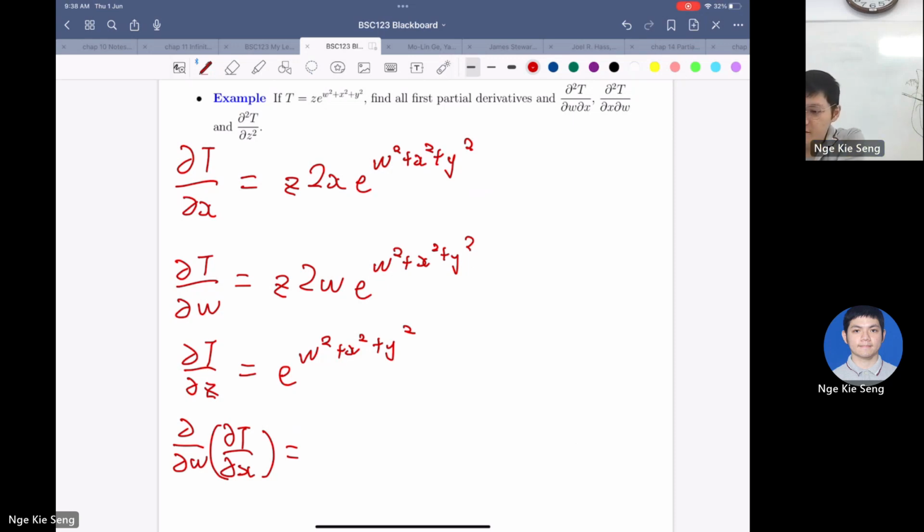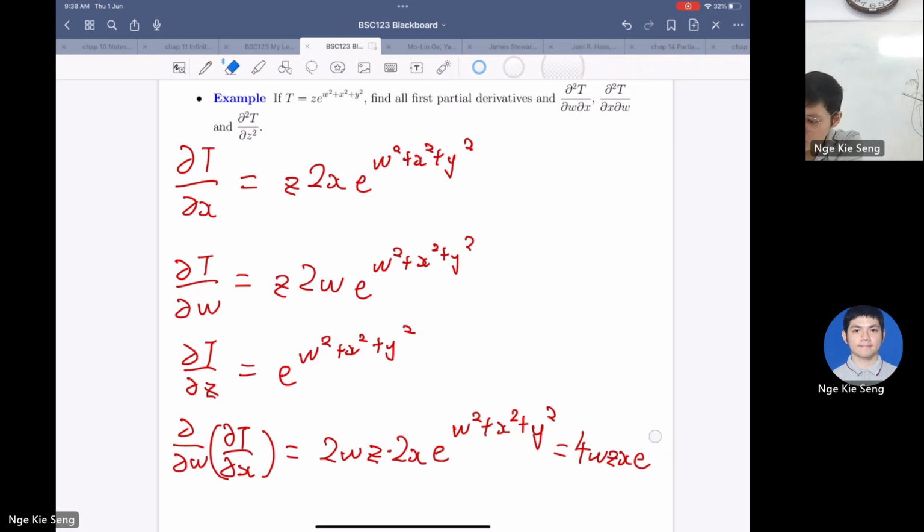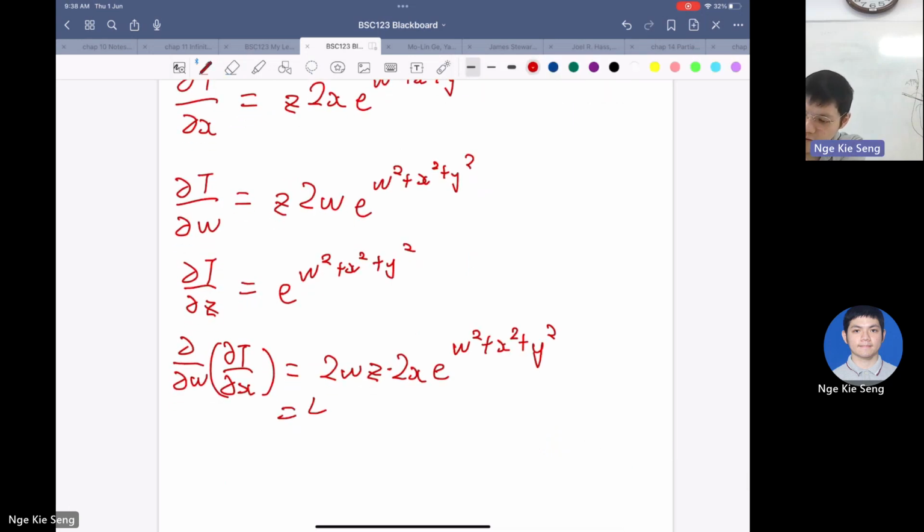You get z times 2x e to the w squared plus x squared plus y squared, times 2w, which is 4wzx e to the w squared plus x squared plus y squared.